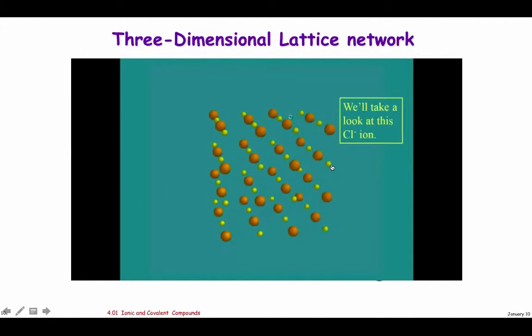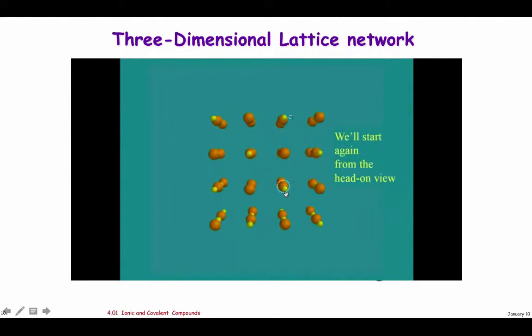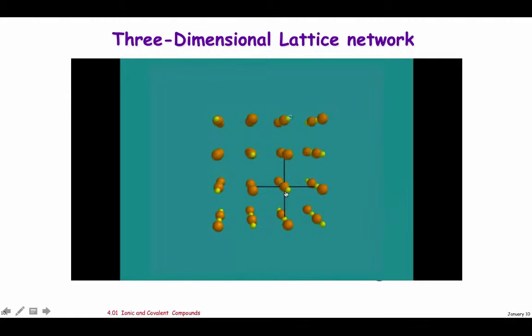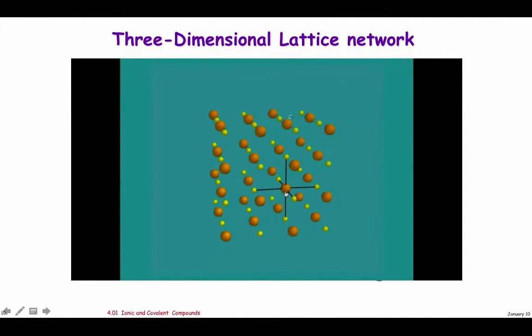So what we're going to do is take a look at a particular chloride ion, that one right there, and ask the question, how many sodium ions is the chloride ion close enough to bond with? Let's start with a head-on view first. And as we change the perspective, you can see there are exactly 6 sodium ions that the chloride ion is equidistant to and can bond to.